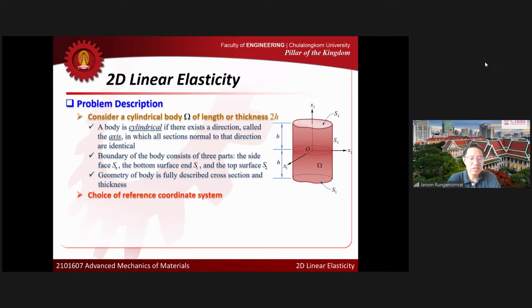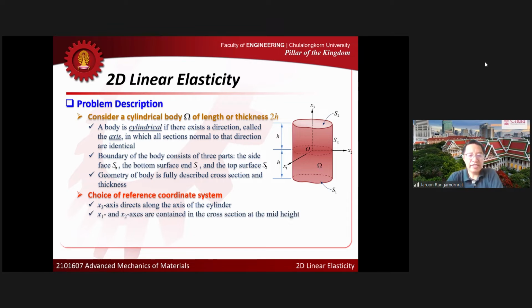Now I will choose the reference coordinate system to simplify the formulation and also the solution procedure that I discuss later. So now I will choose X3 to point along the axis of the cylinder.